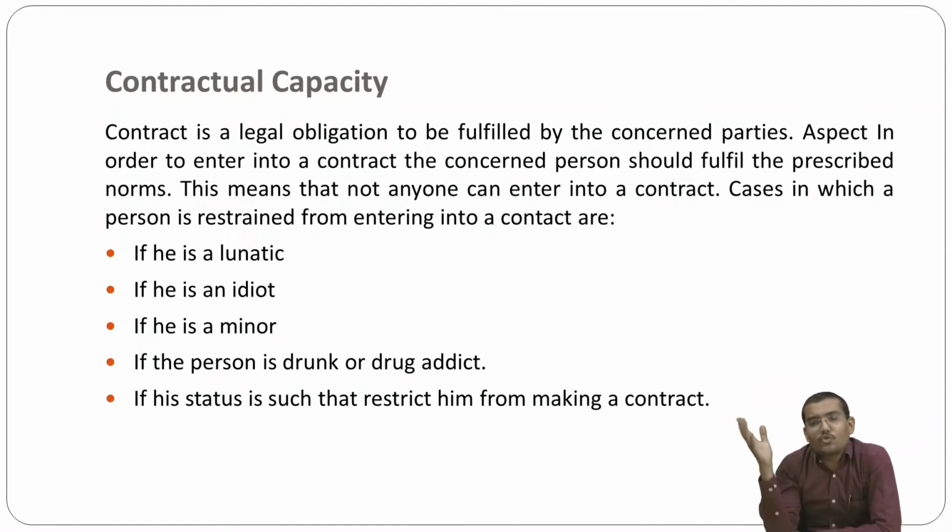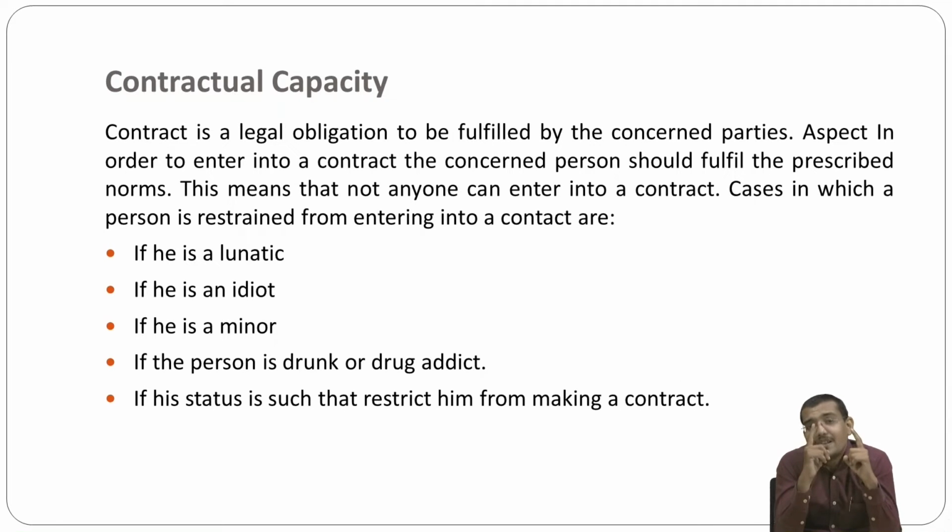Then let's move to another topic, that is contractual capacity. While you define the legal obligation of a contract, at that point of time you have to define the capacity to perform the contract. The contract is a legal obligation to be fulfilled by the concerned parties. In order to enter into the contract, the concerned person should fulfill the prescribed norms also.